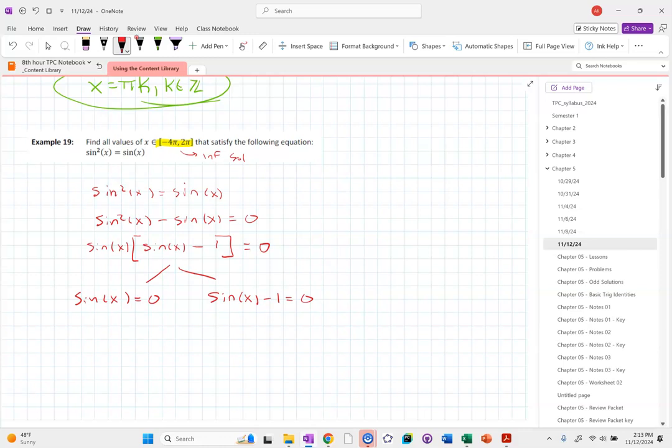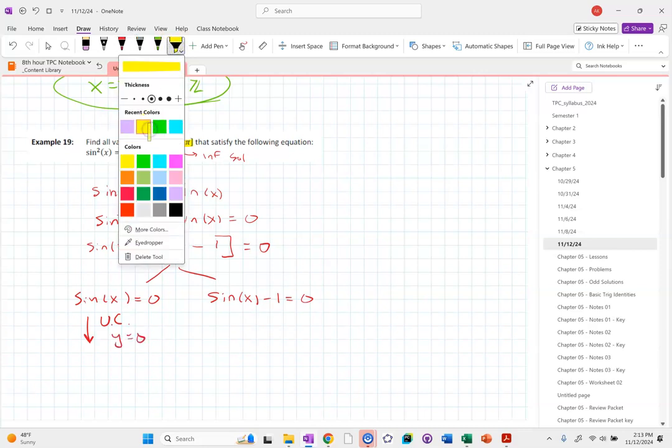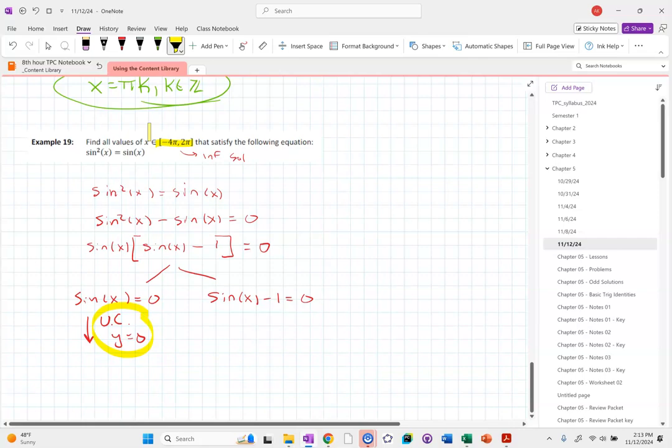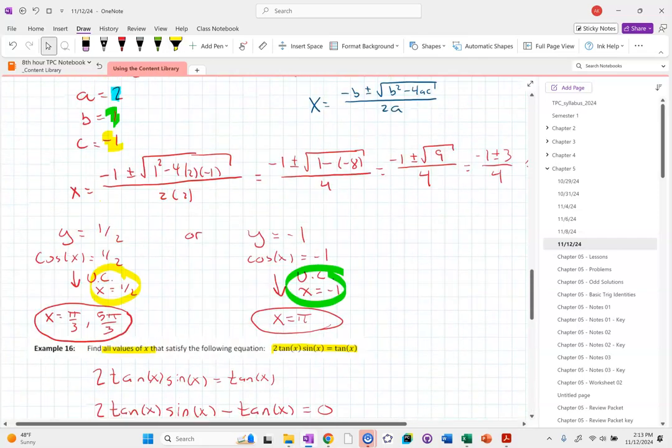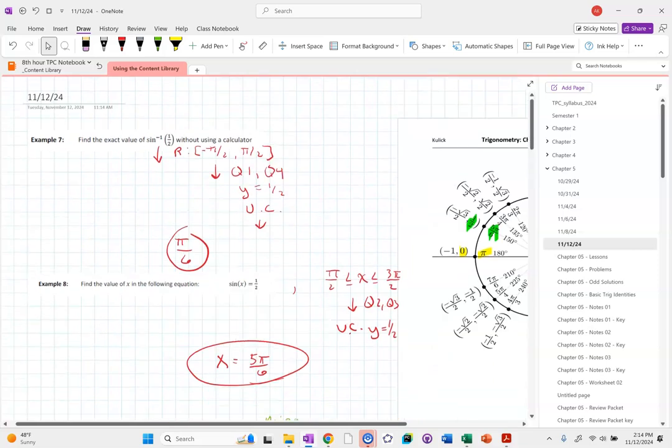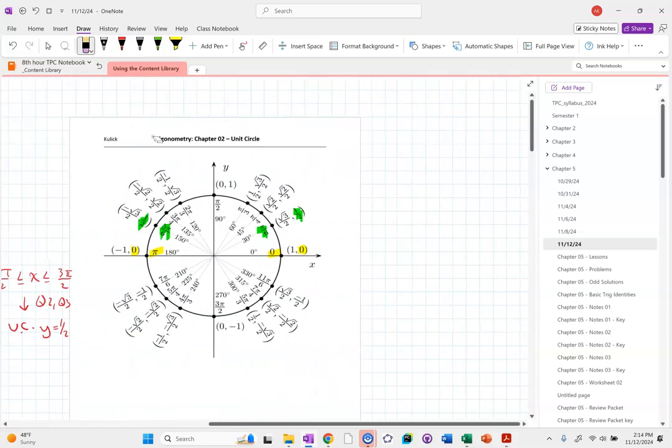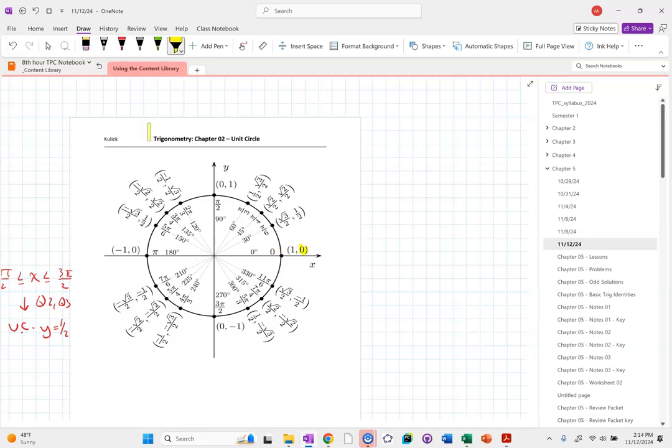The first equation is all set. I'm going to go to the unit circle and just look for where y is 0. So let's go check that out. So let's see, y is 0 here at 0, checking my y's. There again at pi, checking my y's. Those are the only ones.